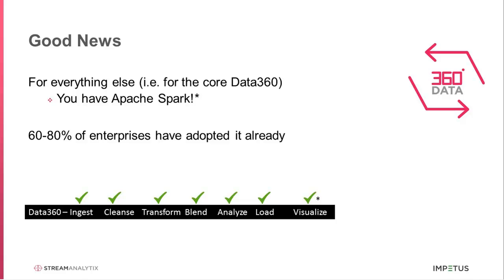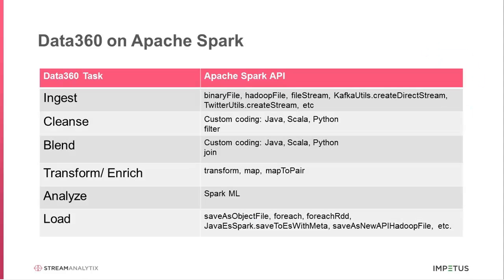So going further on that journey, there are APIs directly on Apache Spark that map to all of these. We just listed a few here in this table, and very soon you'll also see that we have organized our product and our demo along these lines.